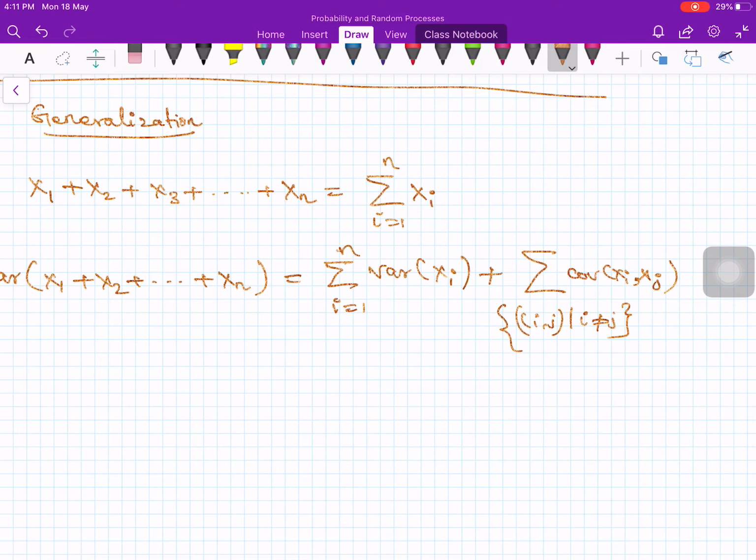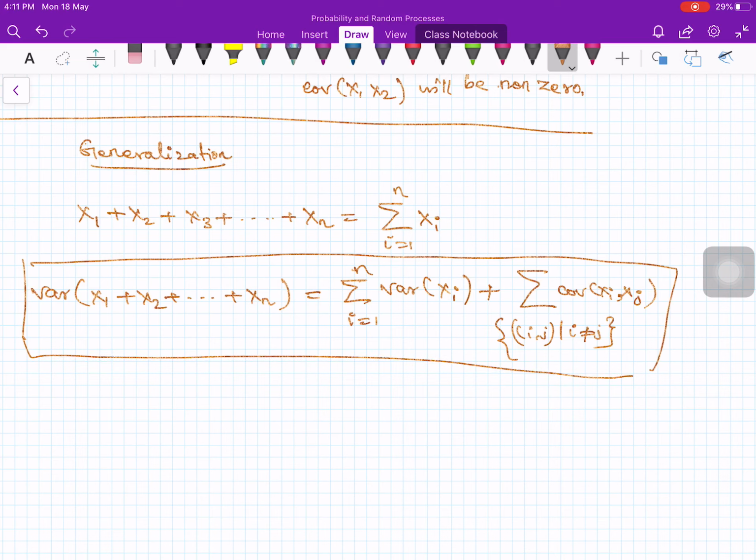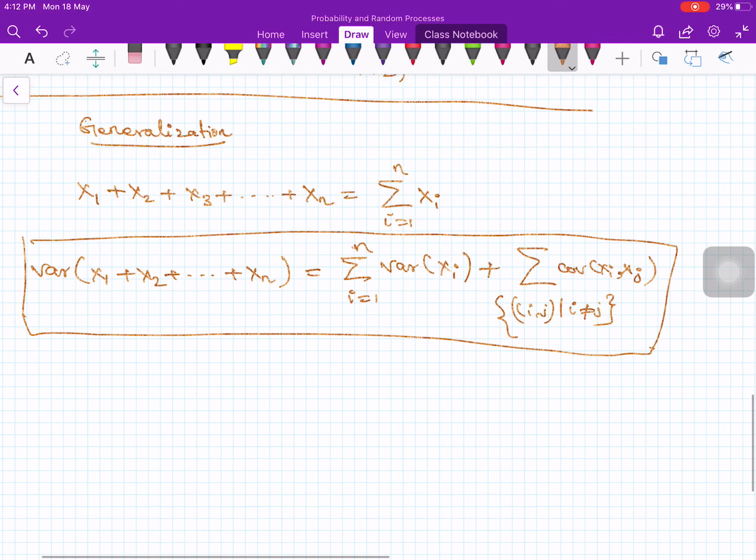This is a formula. We need to prove it. This is a general formula for several random variables. If you want to sum up several random variables and then find the variance of those sums, then this is the formula we need to use. So let us prove this formula.